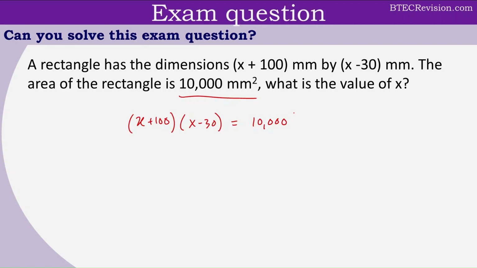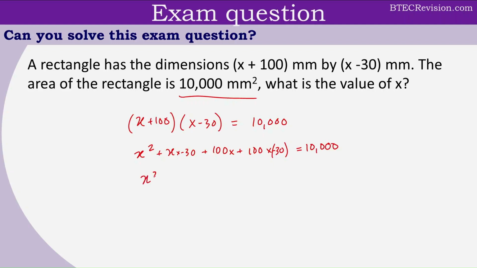Now we can cross multiply, so that would give us x squared plus x times negative 30 plus x times 100 plus 100 times negative 30, and that's equal to 10,000.